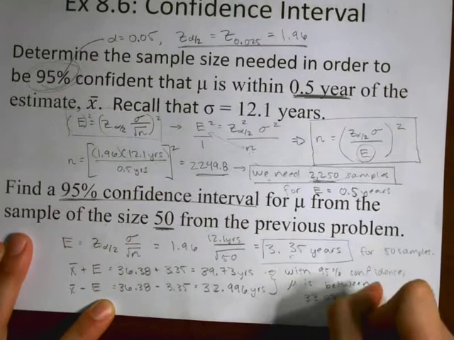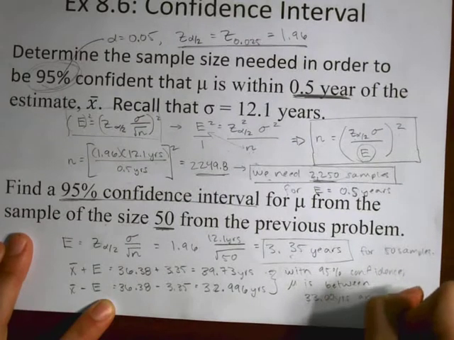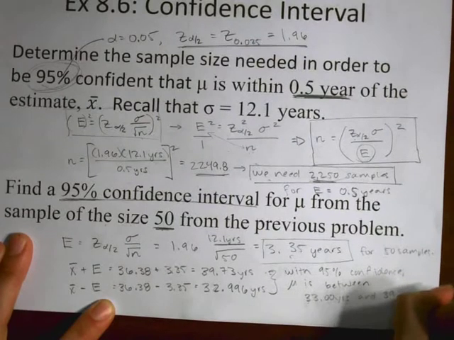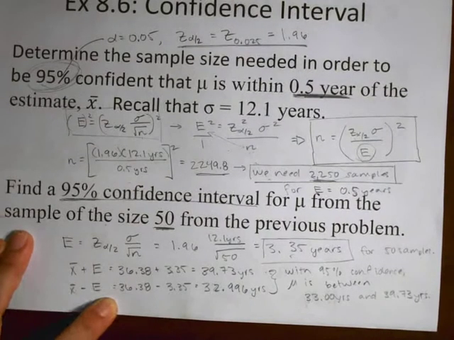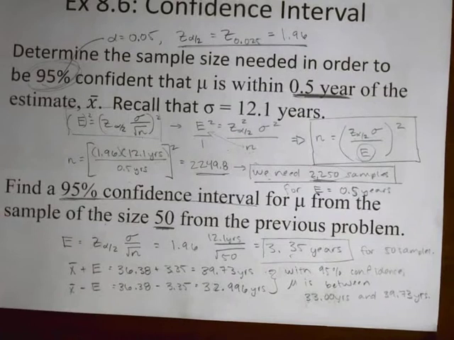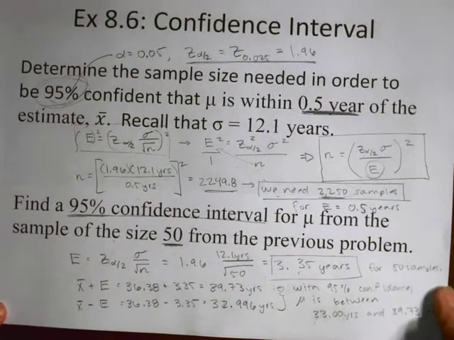Starting with the upper end is not the traditional way to write something, so I'll start with the lower end, and I'll round that up to 33.00 years and 39.73 years.